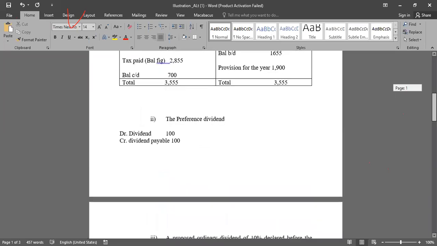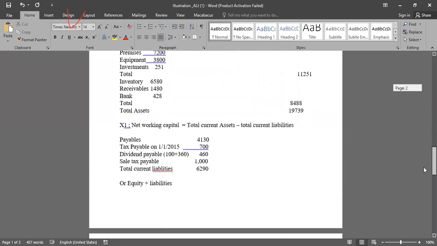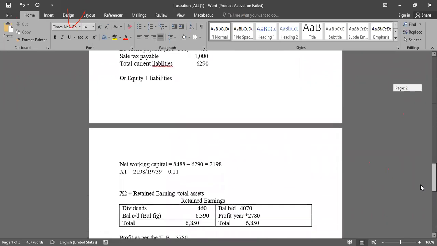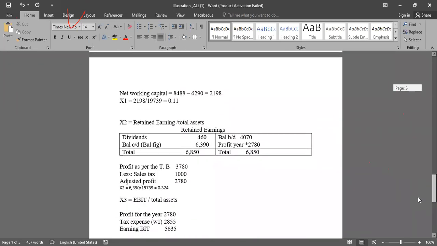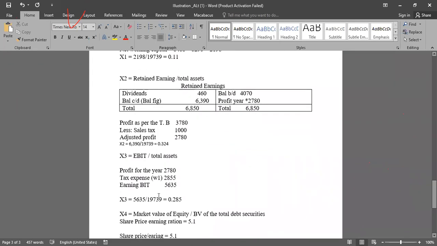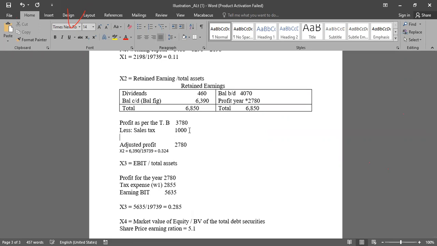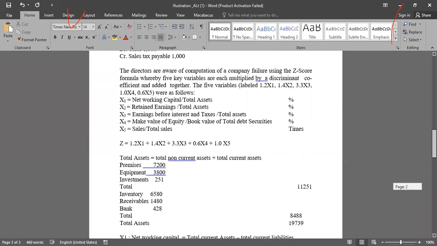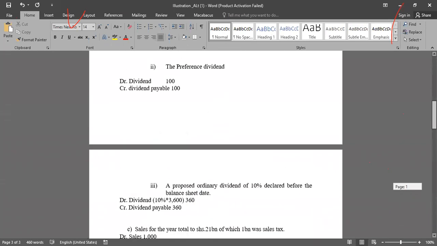Allow me to adjust that under earnings before interest. It's supposed to be here. We're supposed to add the investment income. It was 408. Sorry about that, I missed it out completely.